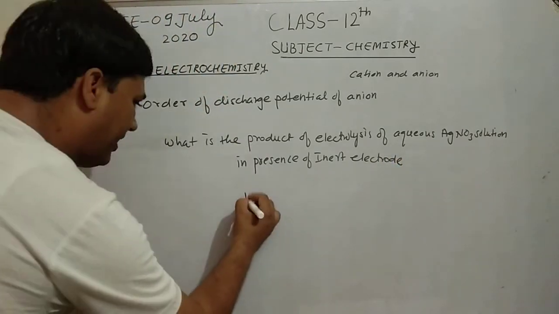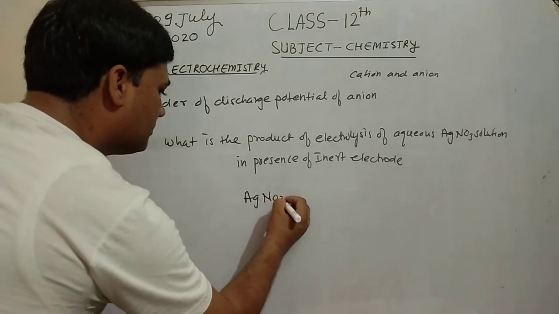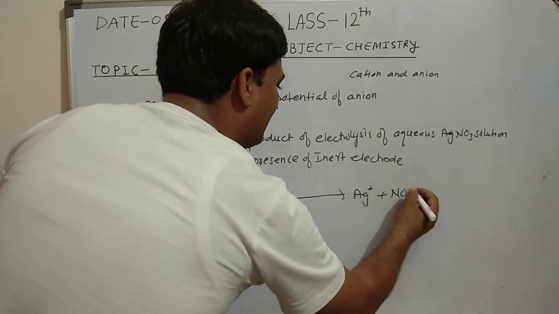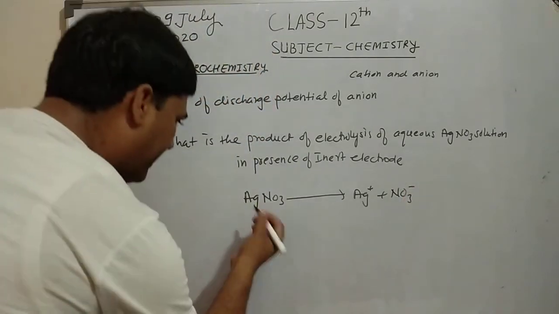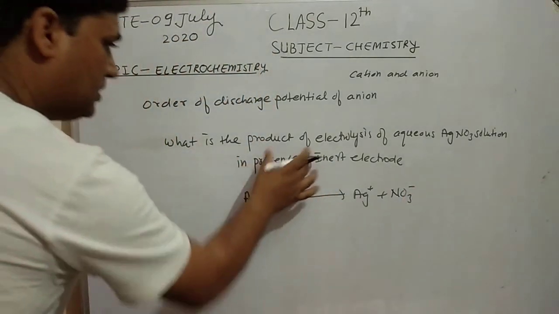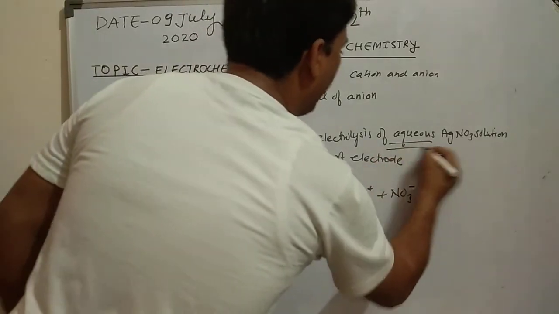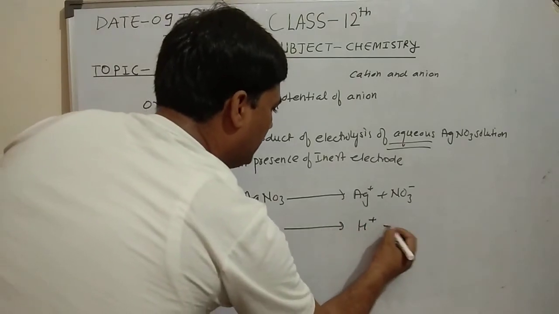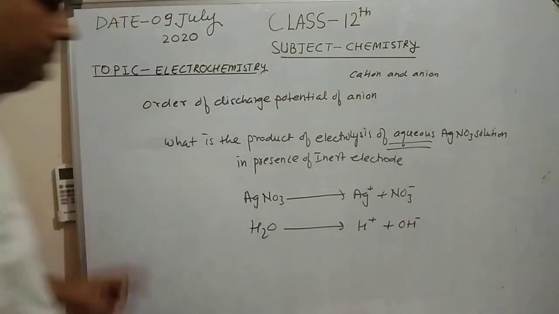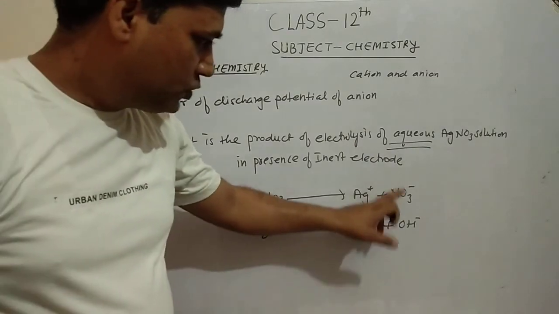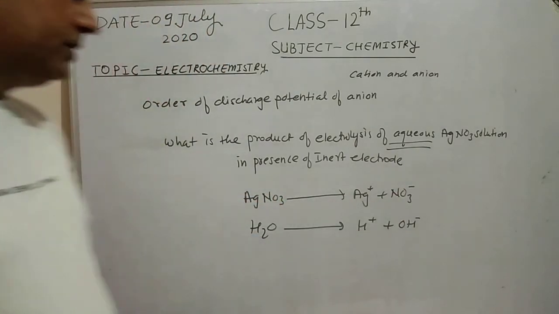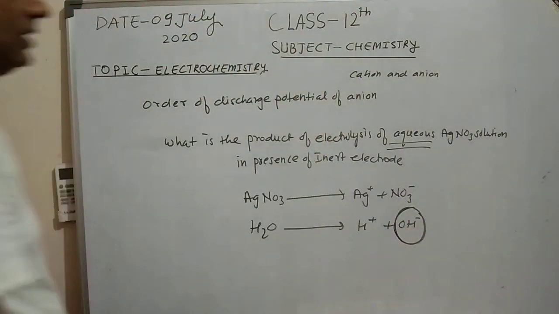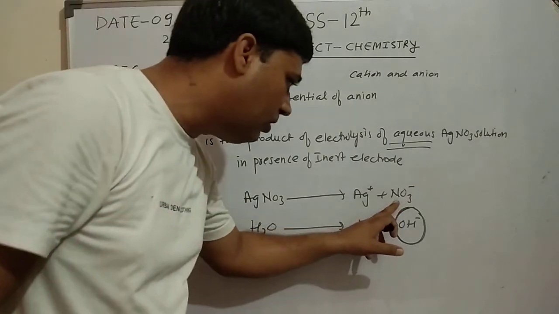First you are required to ionize AgNO3 into Ag+ and NO3-, in presence of an inert electrode, and the solution is aqueous. Aqueous means water, so it is converted into H+ and OH-. Here two anions are present and two cations are present. The discharge potential of OH- is less than the discharge potential of NO3-.